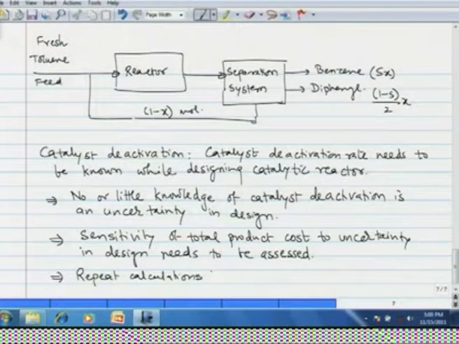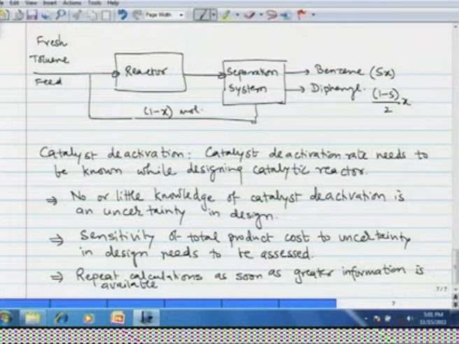Repeat calculations as soon as greater information is available regarding the uncertainties.